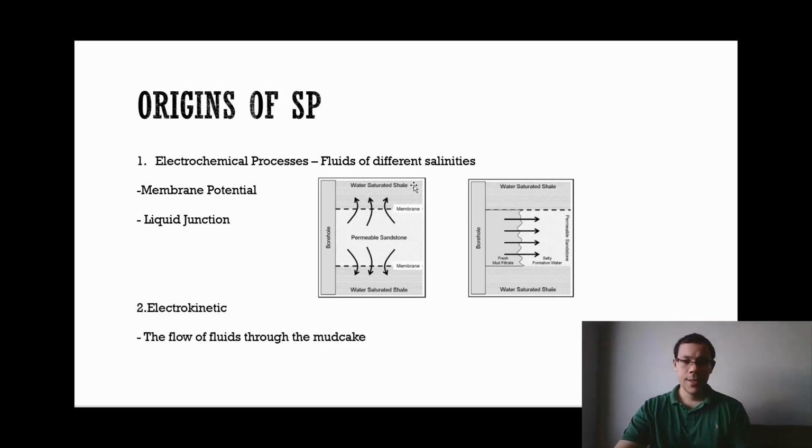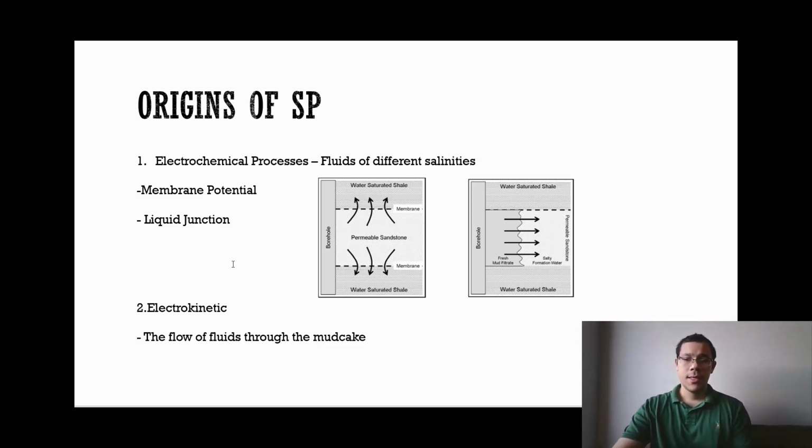In this case, you have water saturated shale and a permeable sandstone. On this membrane, different salinities create that small current due to exchange of ions. And the other contributor within the electrochemical processes is known as liquid junction.